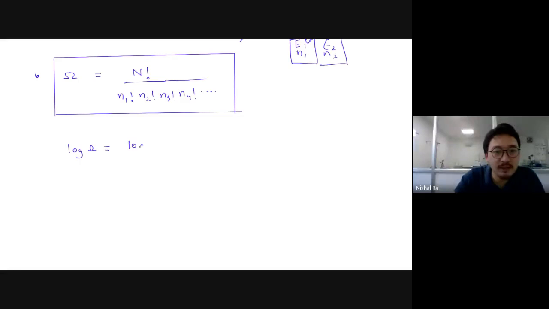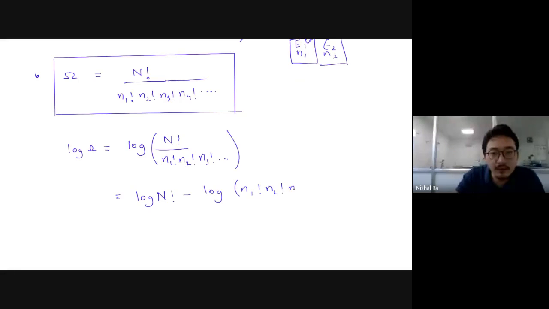Taking log on both sides, log of n factorial divided by n1 factorial, n2 factorial, n3 factorial, and so on and so forth. For the log, using the property, we can just write this minus log of n1 factorial, n2 factorial, n3 factorial. If you have any problem, just let me know. Is this step okay?